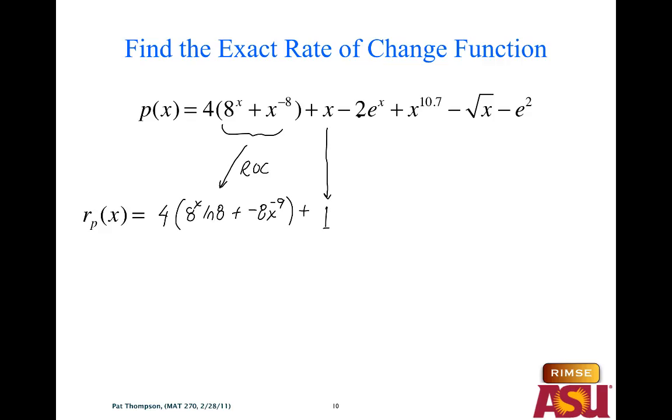Okay? Minus 2e to the x. So minus 2 times the rate of change of e to the x, which is just e to the x, we said. Plus the rate of change of x to the 10.7, which is 10.7 x to the 9.7. That's the power rule.